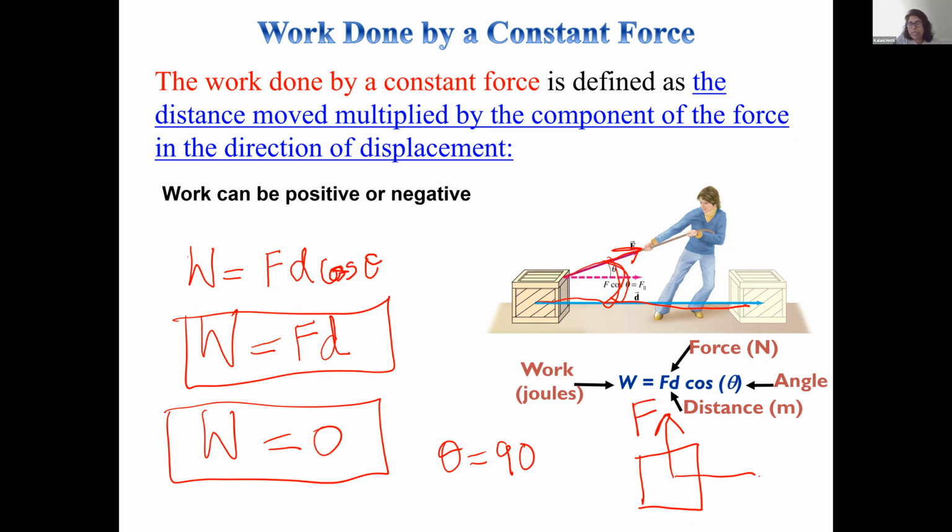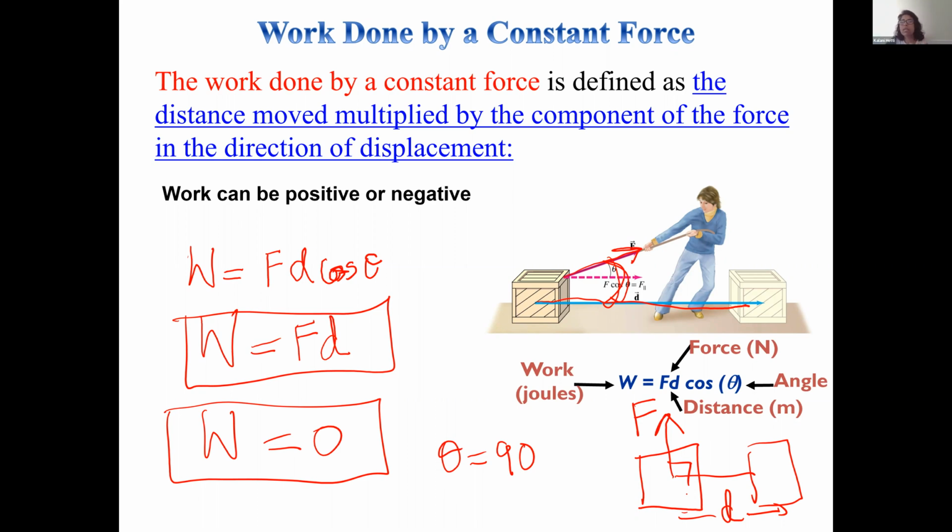But your object is moving to the right due to some other forces or something else, right? So now this object is moving in this direction, then your force is 90 degrees from the displacement. Because of that, this force does not do any work, but there may be other forces doing the work, but forces perpendicular to the displacement don't do any work. Okay, that's the idea about the work done.